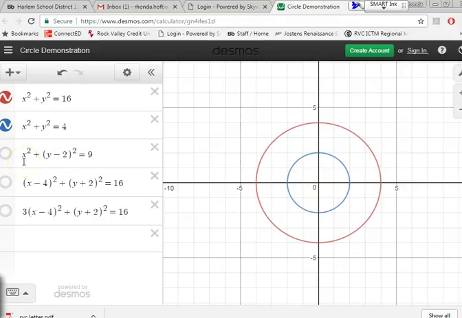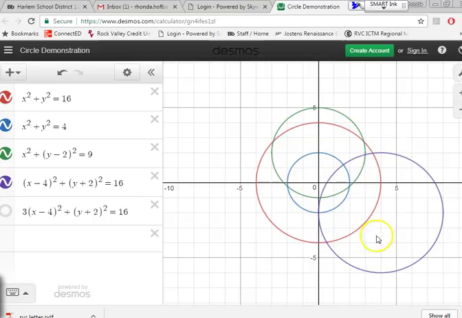The center is going to be at (0, 2), so it's actually going to go up two. Everybody okay with that? And the radius is different. Yes. Okay. What about this fourth one? Okay. (4, -2), and it's the same size as which circle we already did? The very first one. Okay. So it's taking that red one and moving it 4 to the right and down 2.